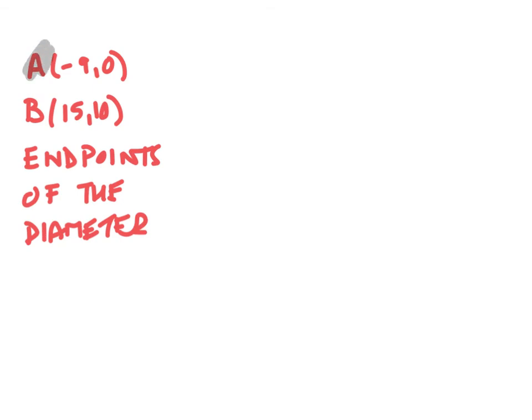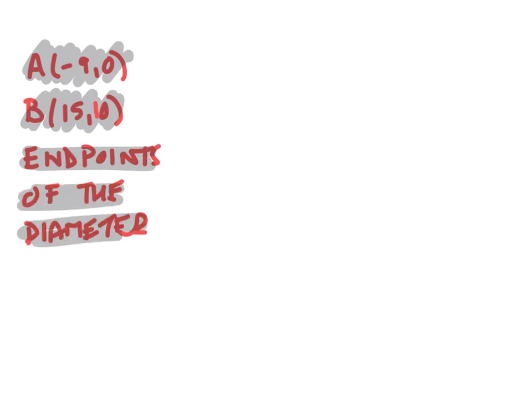So they give you 2 points, an A and a B, and neither of those is your center. Actually, they are the endpoints of your diameter. What that means is you have a circle and those 2 points, so we need the middle, don't we? If you remember, we have a midpoint formula.